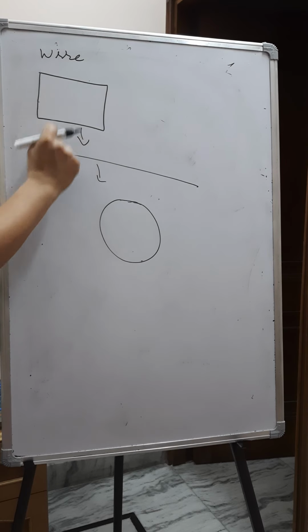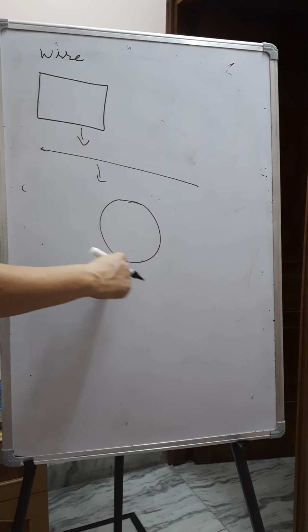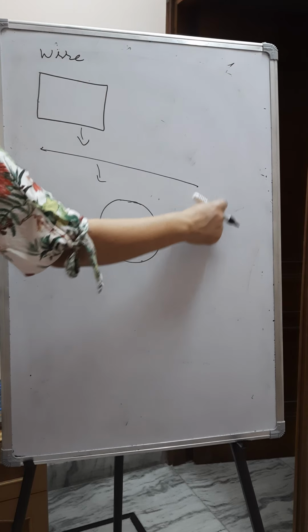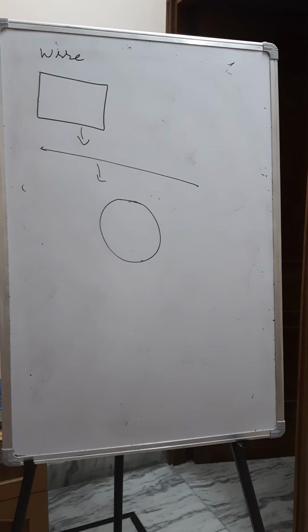From the square, make the wire straight and then form the circle. From the square it is transformed into a circle.